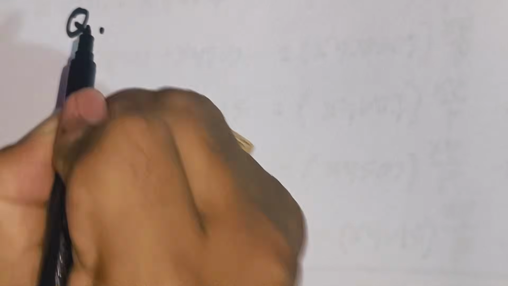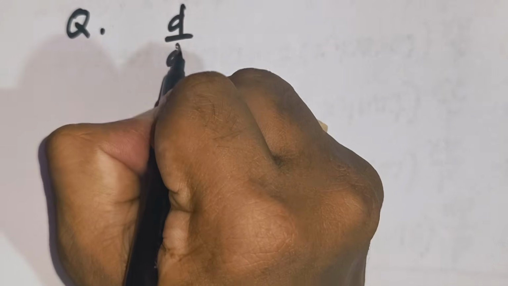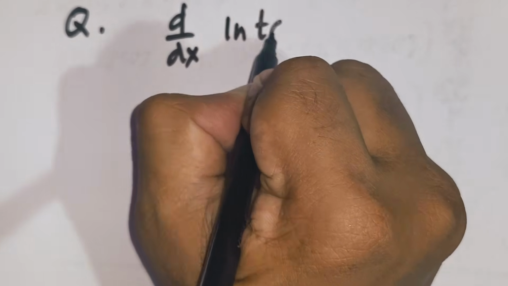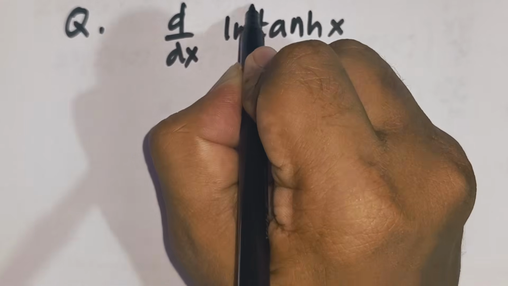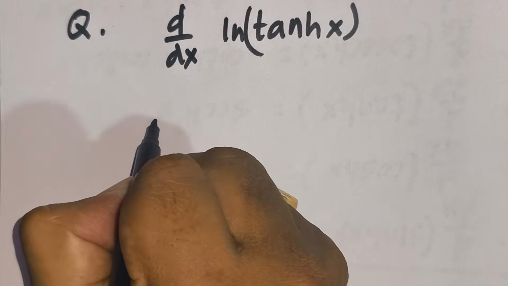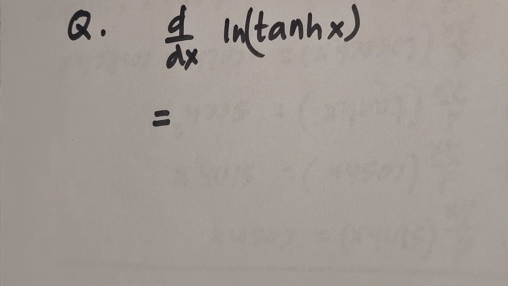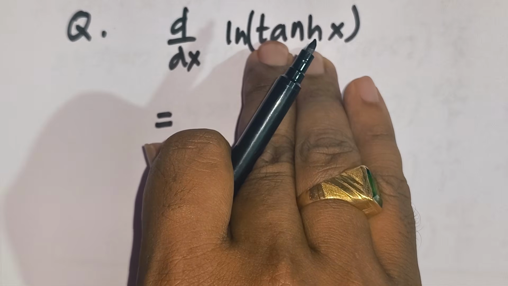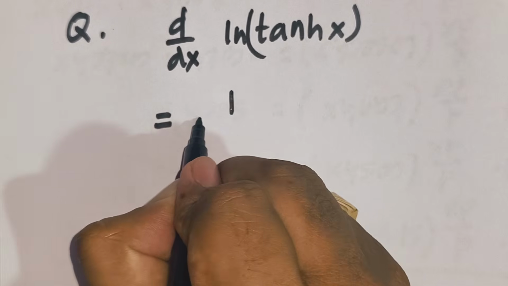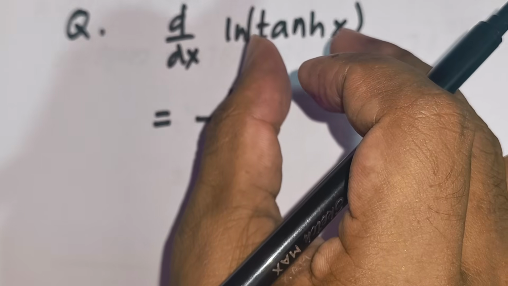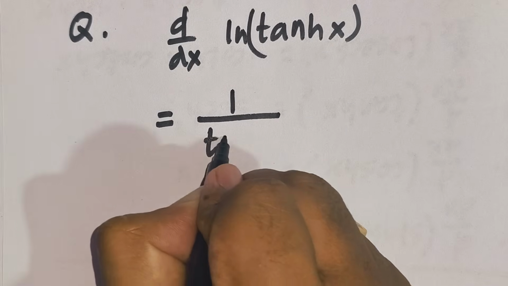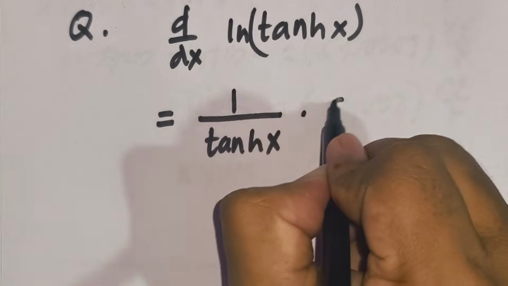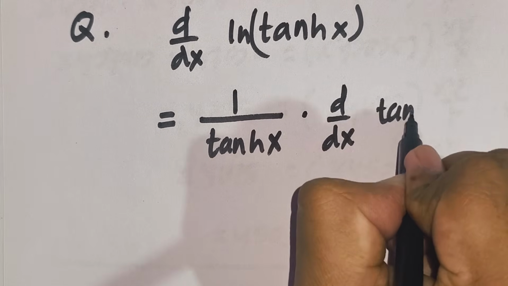Now we are ready to find derivatives of functions involving hyperbolic functions. Suppose it is given, find the derivative of ln hyperbolic tangent. Here we will apply the chain rule. The outer function is logarithm, the inner is hyperbolic tangent, so the derivative of logarithm is 1 over the variable inside the logarithm, which is hyperbolic tangent, then the derivative of hyperbolic tangent multiplied.